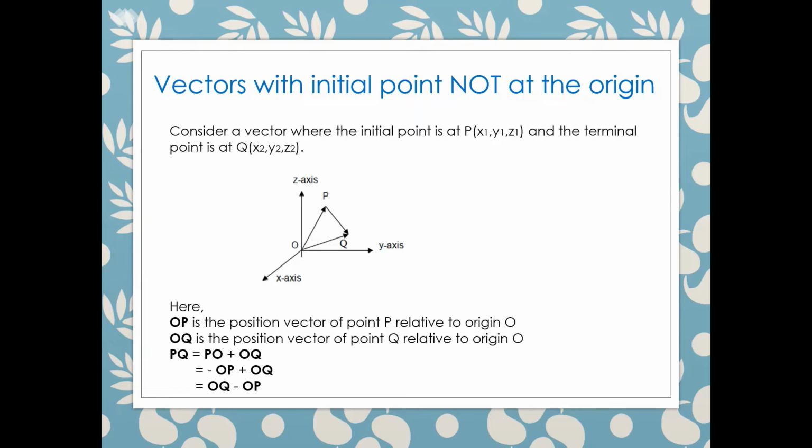To find the vector PQ from the given two points, it is equal to PO plus OQ, which can be simplified to OQ minus OP.